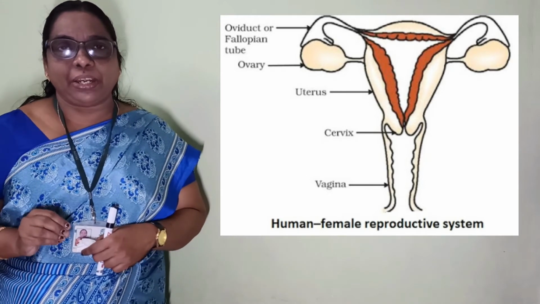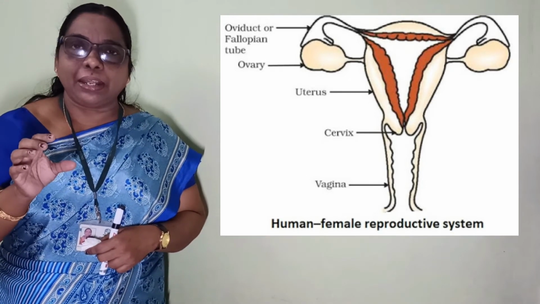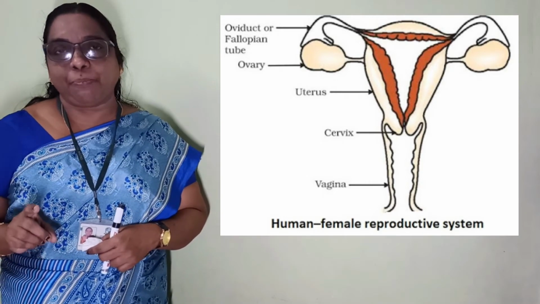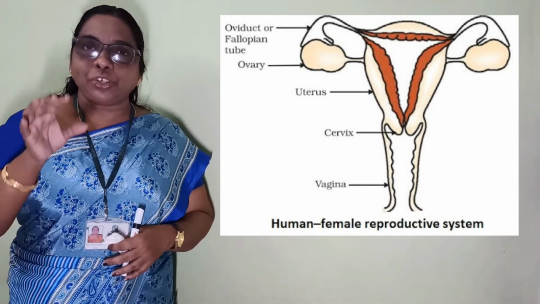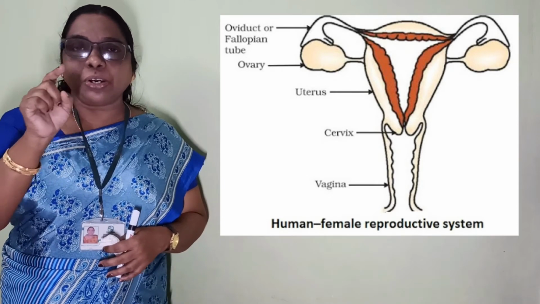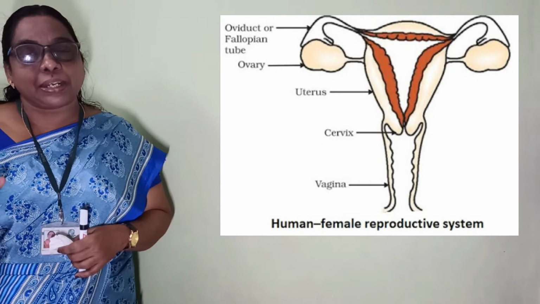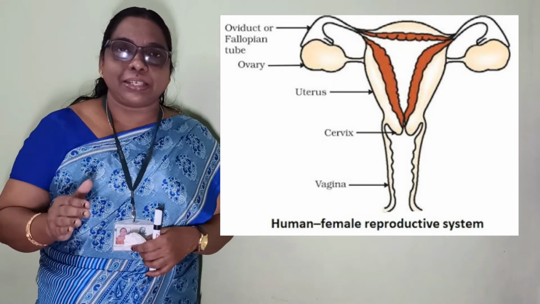During intercourse, the sperms reach the fallopian tube through the vaginal opening. Inside the fallopian tube, the ovum is ready, so both fuse, the fertilization process occurs, and it is converted into a zygote.